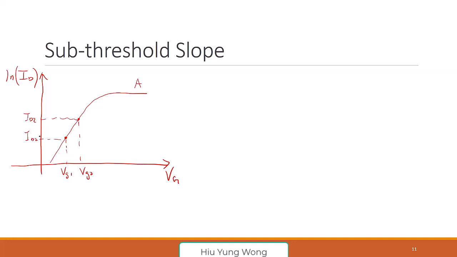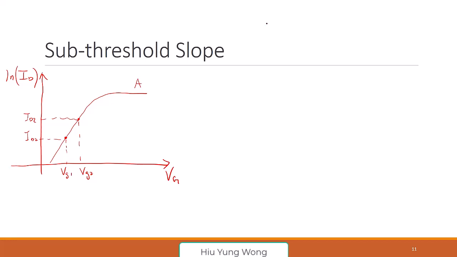It's the change in the current due to change in the gate voltage. Correct. But how do I calculate? How do I report the number? It's a 10 times increase in current. Yes, 10 times change of current. So how much voltage you need to change in order to change the current 10 times, right?